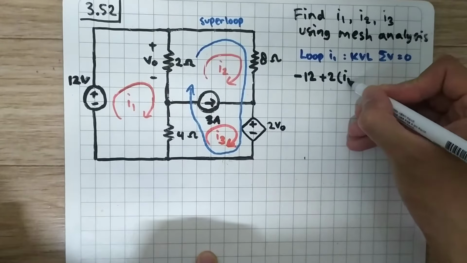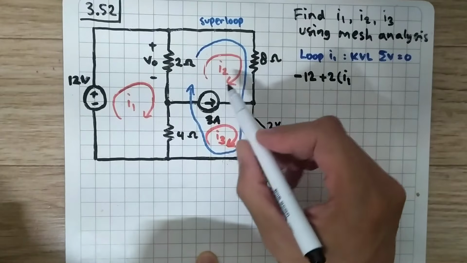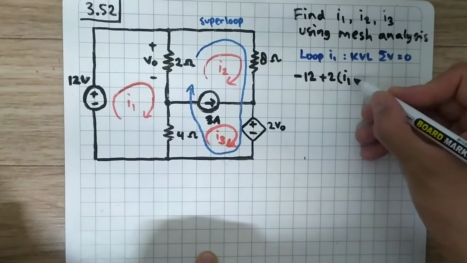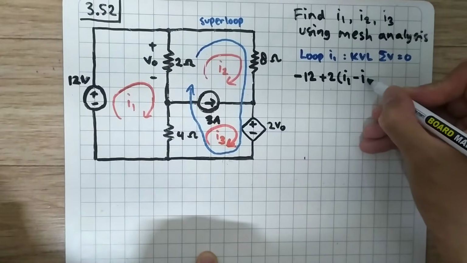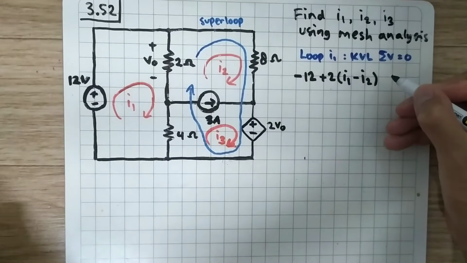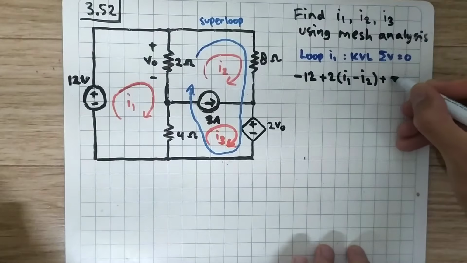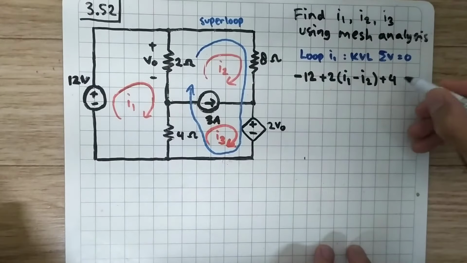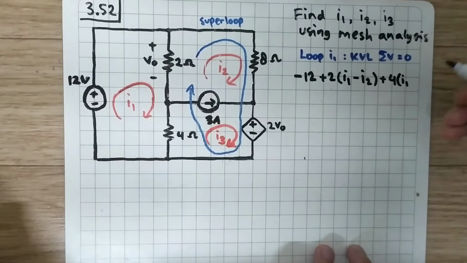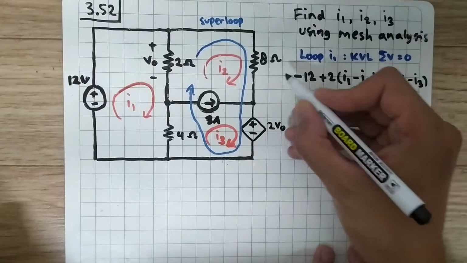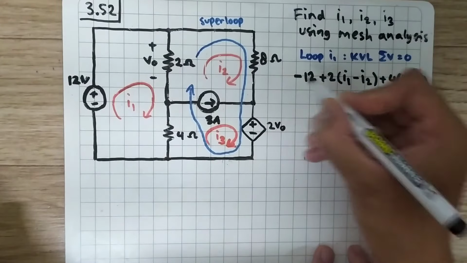So here I1, but here I2 is flowing in the opposite direction, so I subtract I2 from it. And then we move on to this last resistor, this 4 ohm. Again we multiply it by I1, but here I3 is flowing in the opposite direction, so I subtract I3 from it, and all of this will equal 0.